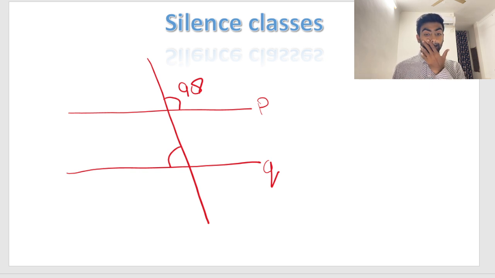Okay, and they are on the different side, they are not on the same side of the transversal. If they are on the same side of the transversal, they are corresponding angles, but they are not making a corresponding angle. So if we find out the value of this, as you know, P is a line.